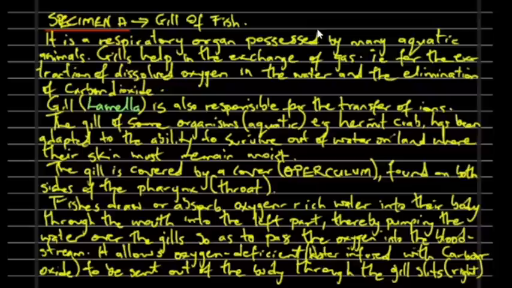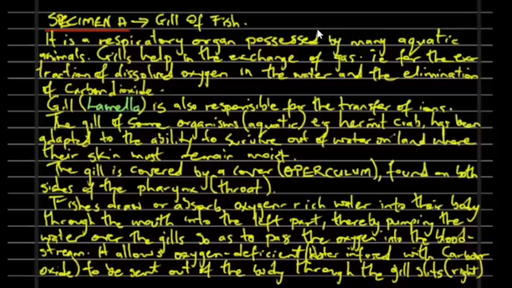So the fishes actually absorb water that is rich in oxygen into their body through the mouth, and then it goes into the body of the organism through the left part, and then the gills help to absorb all the oxygen in that water, and then it replaces it with carbon dioxide, or oxygen deficient water.